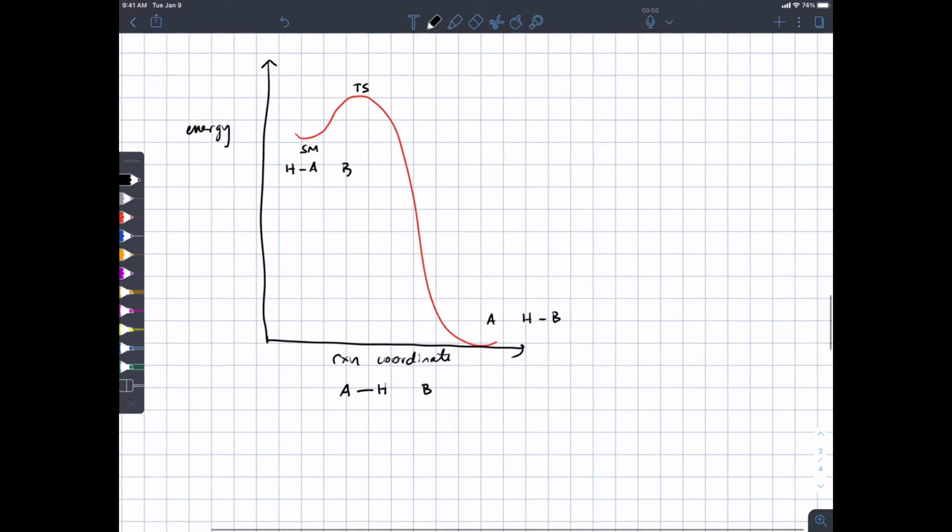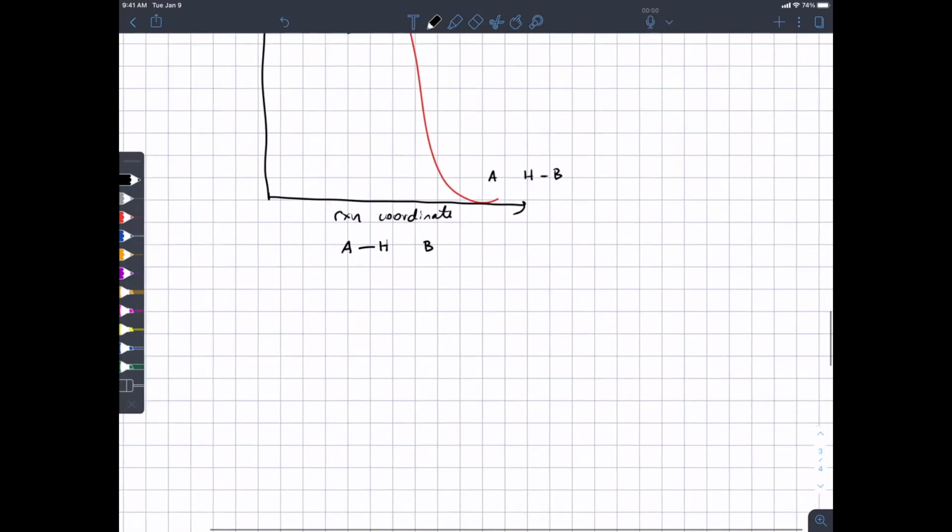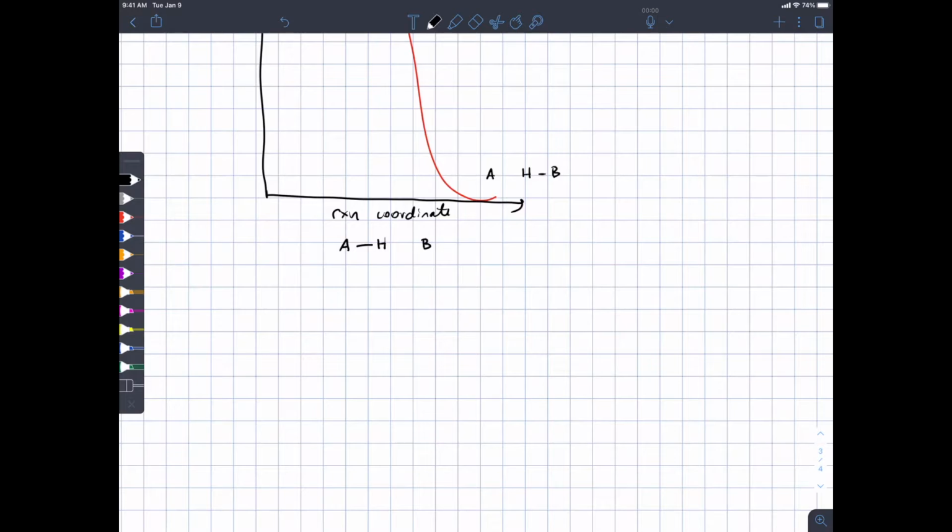And then the transition state involves some intermediate where the bond is partially broken and the new bond is partially formed.